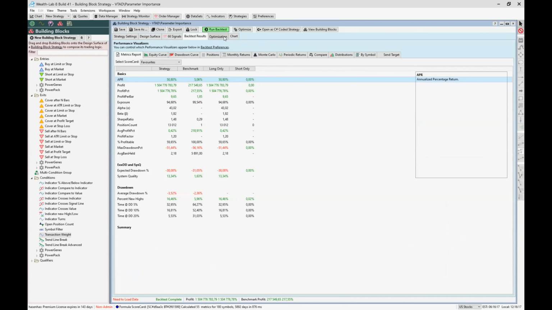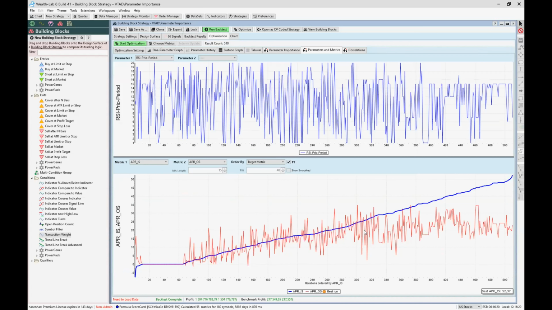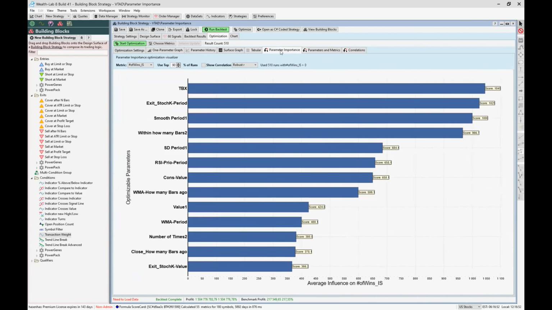And of course, that is a lot of work to make new settings from each parameter. And a way to make this process a little bit quicker, a little bit faster, is to look at the parameter importance, because you see, or you have seen, that we have here a lot of parameters. I don't know how many indicators, but one indicator sometimes has 2 or 3 parameters. So what you can do here now is look at the parameter importance.